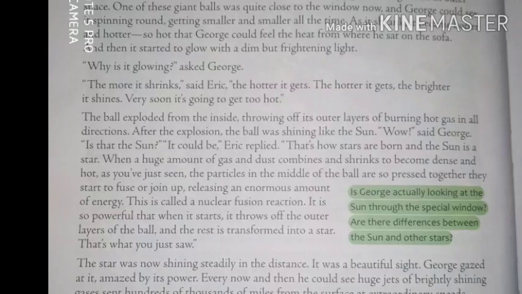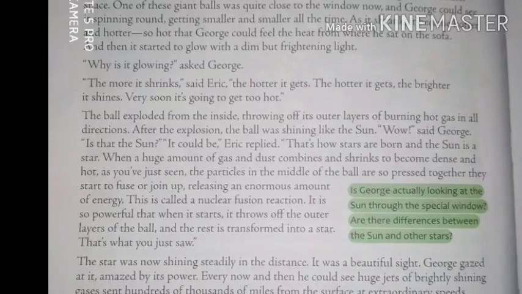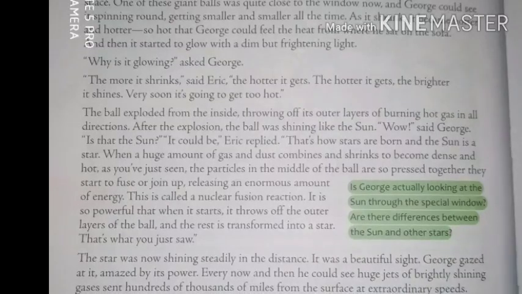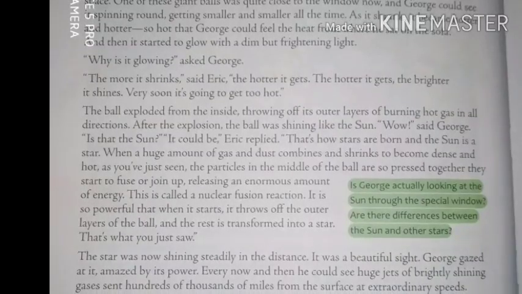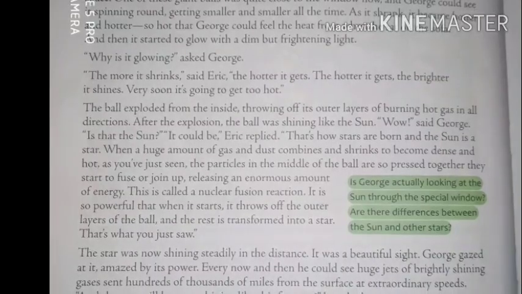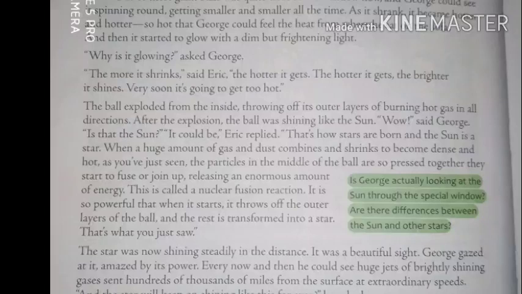This is called a nuclear fusion reaction. It is so powerful that when it starts, it throws off the outer layers of the ball and the rest is transformed into a star. That's what you just saw."